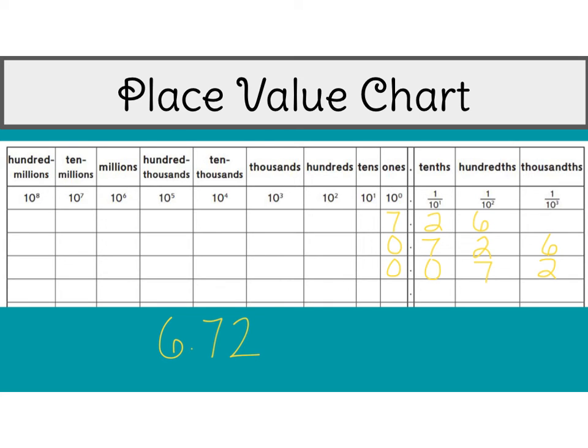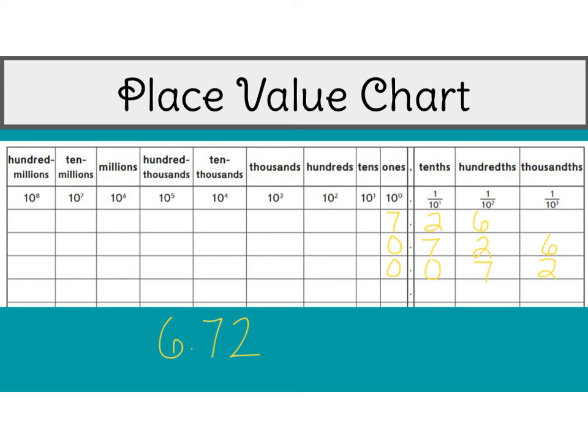Then you have to decide, did I move the decimal to the left or to the right, depending on whether you're multiplying or dividing, and how many places did you move it? Did you move it the number that is in the exponent?